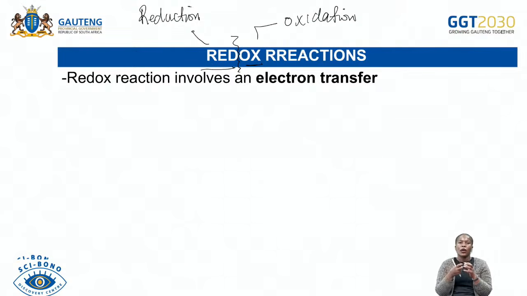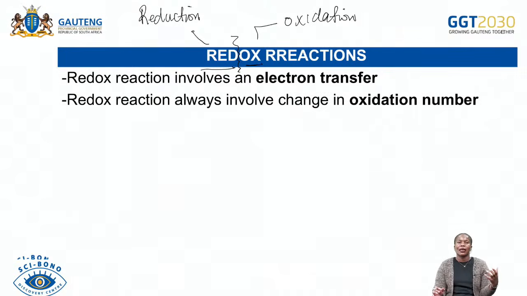If I am losing electrons, these electrons are not going to fly out of the window, but they're going to be transferred to another object. As object A is losing the electron, it is transferred to another one. So as the one loses, the other one does what? It gains. That is why we call them the redox, because the one reaction cannot happen without the other. They happen simultaneously.